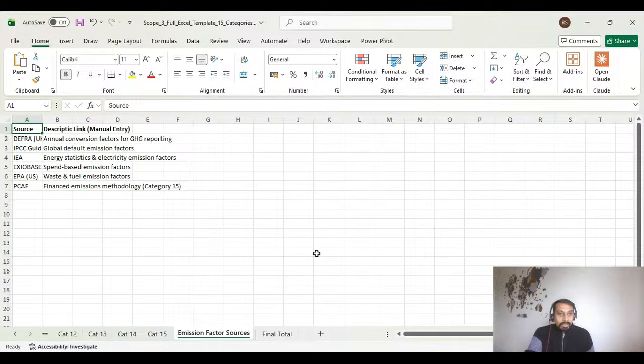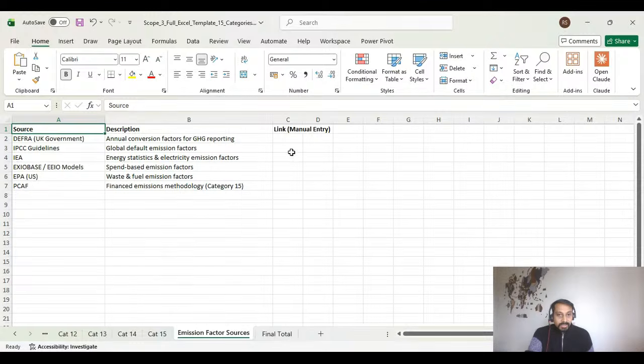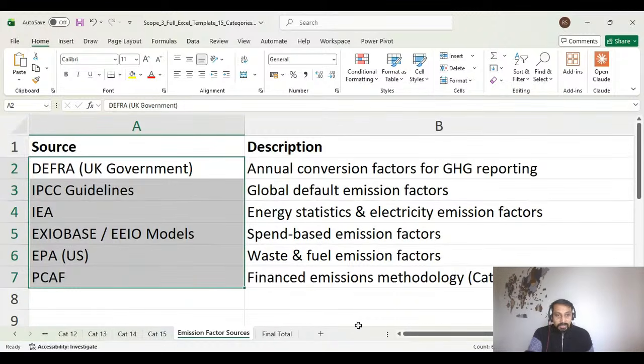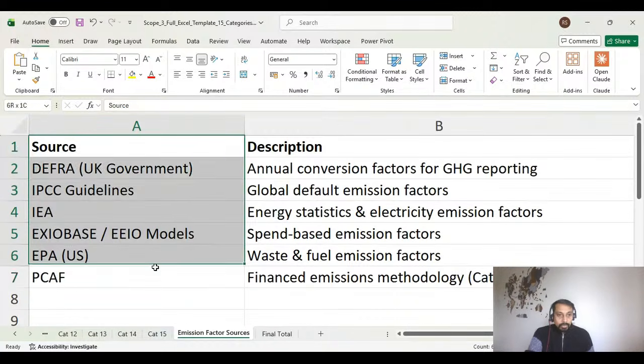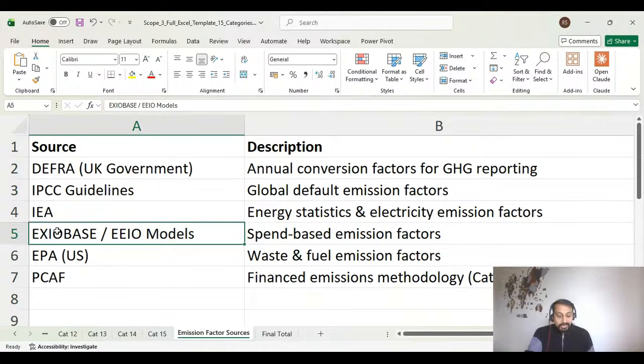Yeah, so the emissions factor sources, as I mentioned during my presentation as well as during the explanations. You can go through all these emissions factor sources. If you cannot see the Excel sheets, you can see those sources of EEIO models, which is a spend-based emissions factor. You can go to the Exiobase as well, so that you can utilize those.